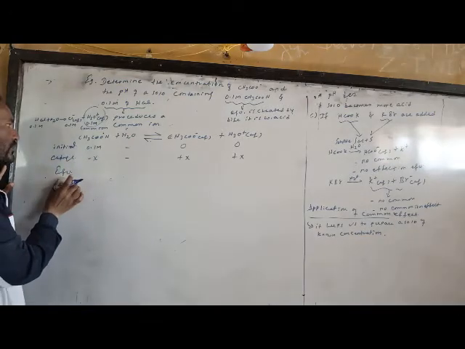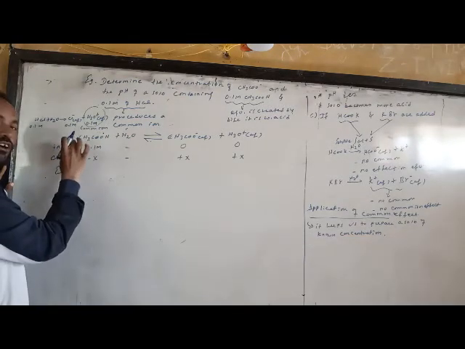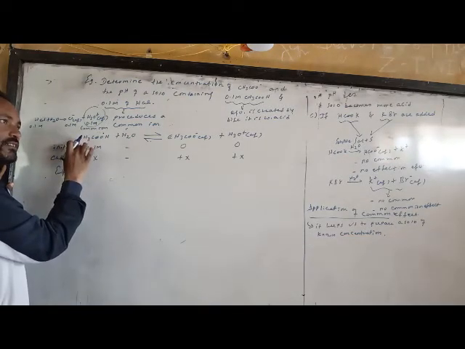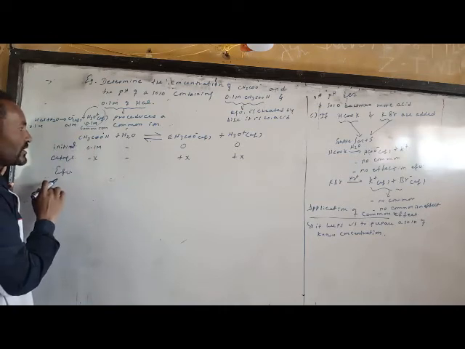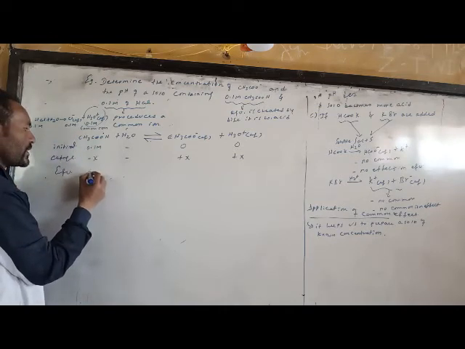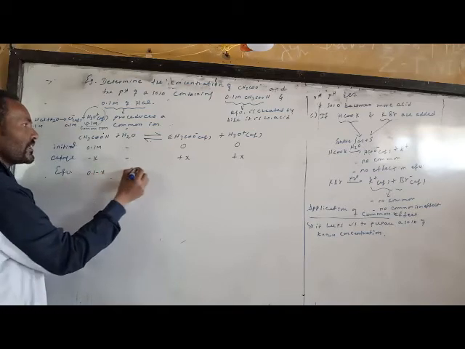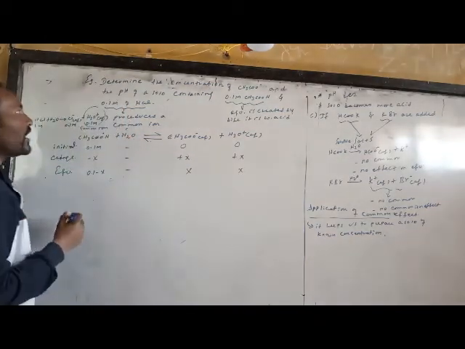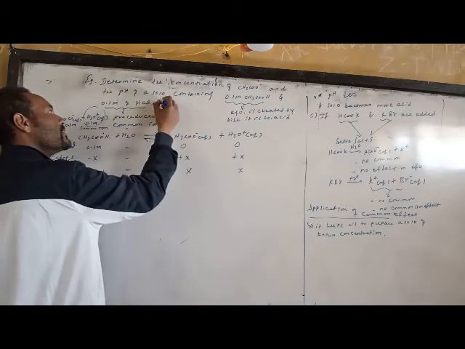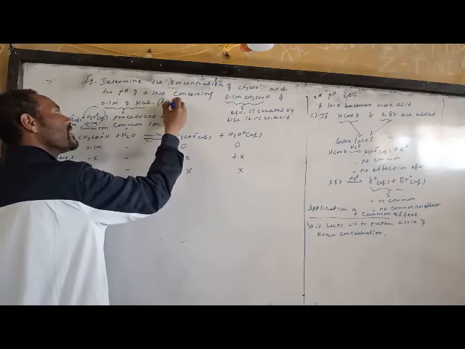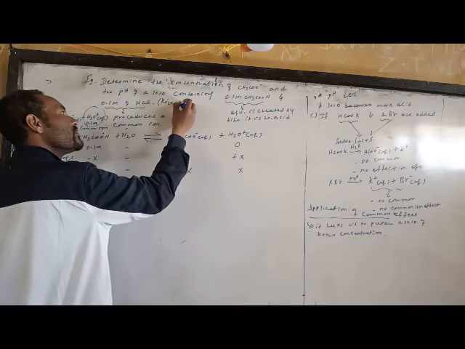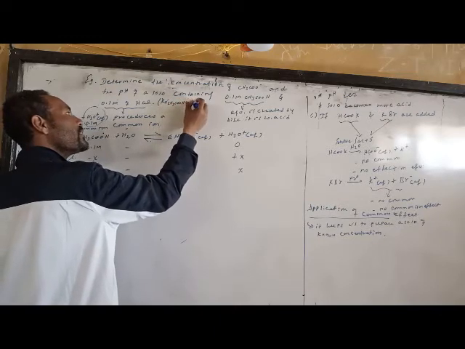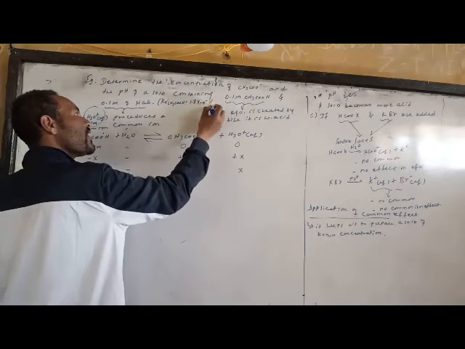So the equilibrium should be the sum of the concentration of the initial condition and the change condition. Okay, so it becomes 0.1 minus X, and this is 0 plus X, X. Now, the dissociation constant of acetic acid is given, which is found to be 1.8 times 10 to the power minus 5.